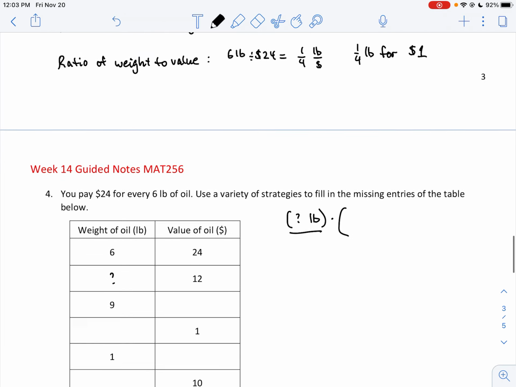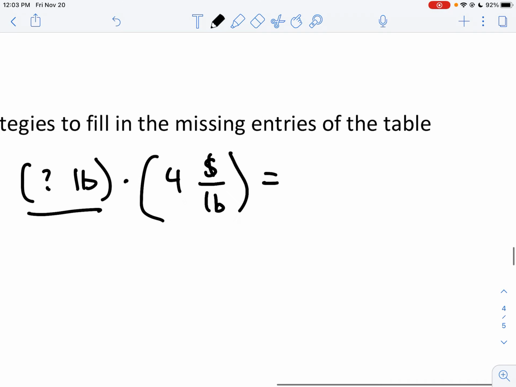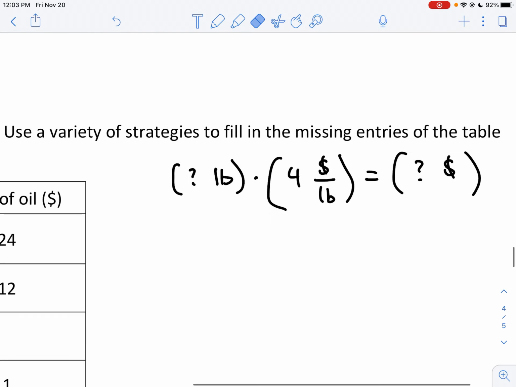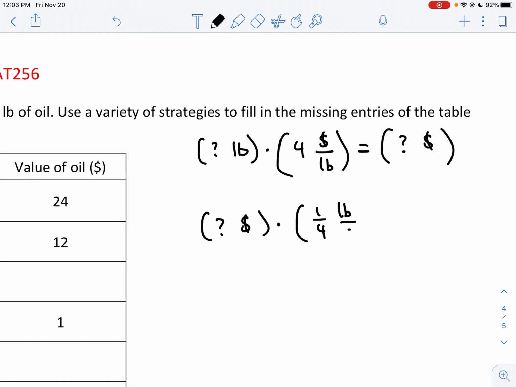So let's do the top unit rate, so $4 per pound. And this gives you some amount of dollars. The other option is to do some amount of dollars, multiply it by the other unit rate, so 1/4 pound per dollar, and that gives me some number of pounds.